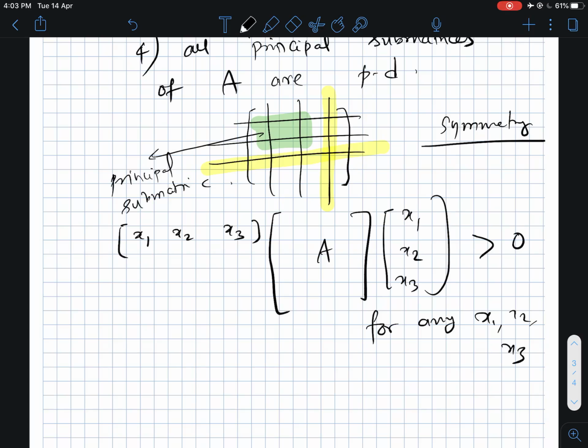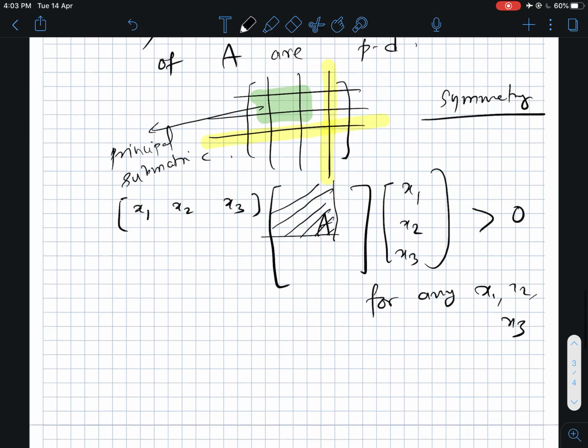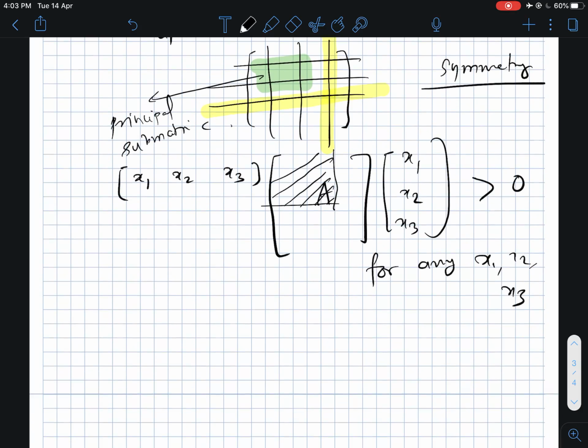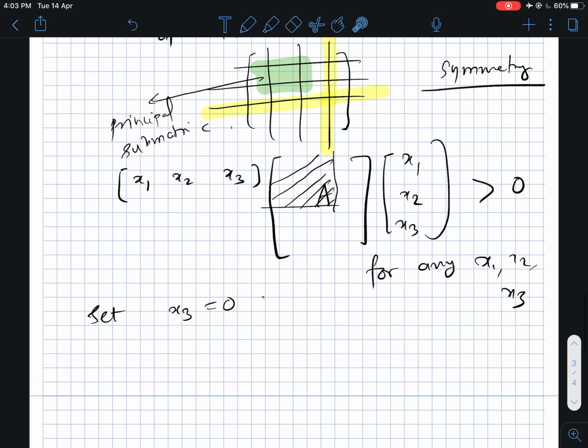Now, remember, I need to show that this top 2 cross 2 submatrix is also positive definite. How will I do that? Well, I'll just set x3 to 0. I can do that because this inequality holds no matter what x1, x2, x3 are. So whatever values I pick for them, the inequality must hold.